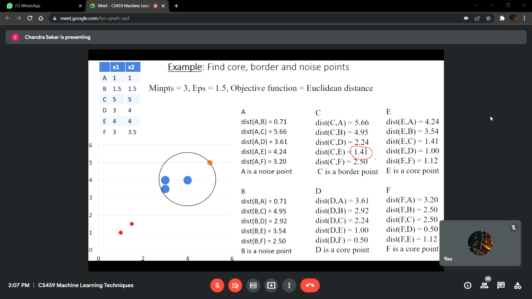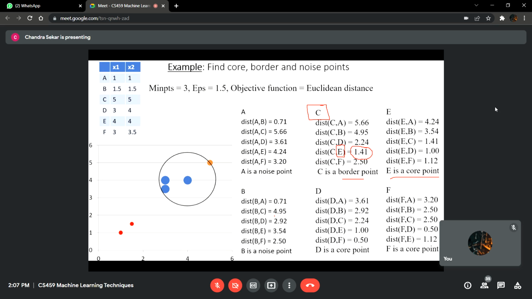And is that point a core point? Yes, E is a core point. So C shares the neighborhood with the core point, say E. Because C falls within the epsilon distance of E, which is a core point, C can be categorized as a border point.